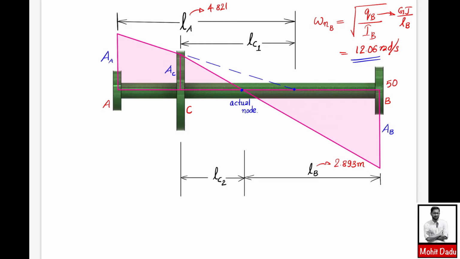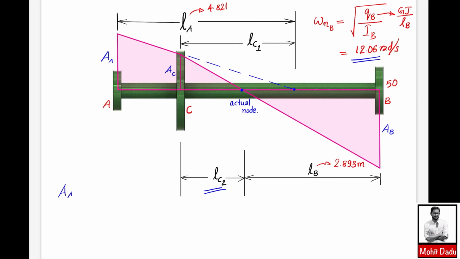In a similar way, you have to evaluate the amplitude of theta at the rotor locations also, that is AA, AB and AC. Here also you consider similar triangles. AA amplitude divided by this length, that is LA, and similarly AC amplitude divided by this distance, which is LC1. In the previous case LC1 was L1 minus LA, but here LC1 is LA minus L1. And similarly AC divided by LC2, this distance being LC2, is equal to AB divided by LB.